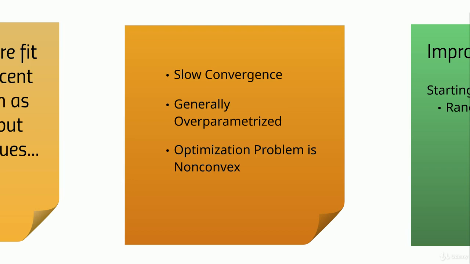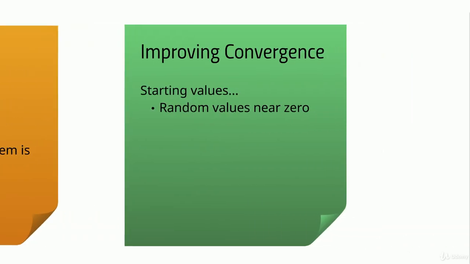So let's take a look at some of the methods that we can use to avoid these three issues, because ultimately that's what's important. The first, to improve convergence, is our starting values. Usually starting values for weights are chosen to be random values near zero. Because of this, the model starts out nearly linear.